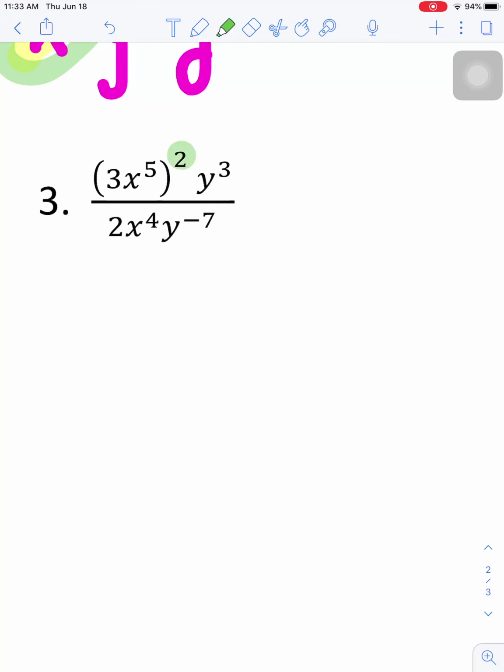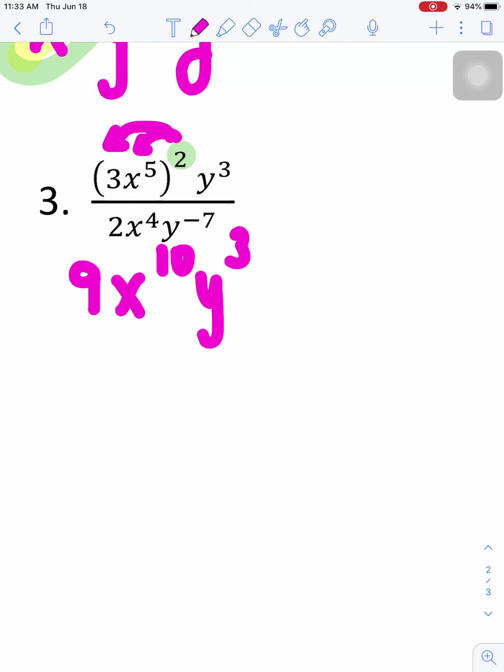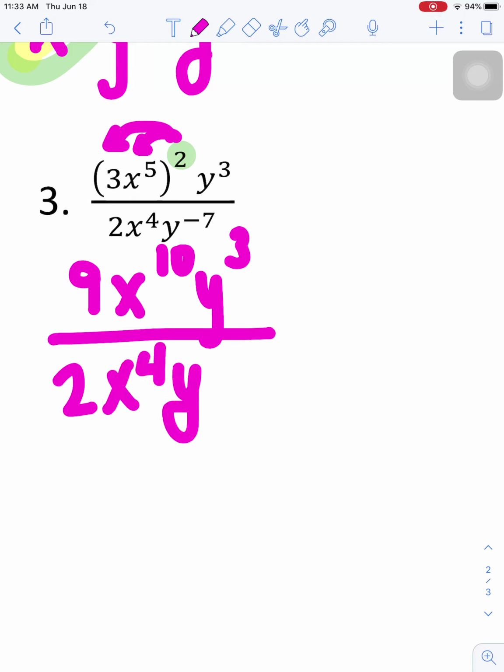Again, here we need to get rid of that outer exponent of 2 by using the power rule. So each thing inside will be raised to the 2nd power. So 3 squared is 9. x to the 5th raised to the 2nd is x to the 10th. We have y cubed, then over 2, x to the 4th, y to the negative 7th.